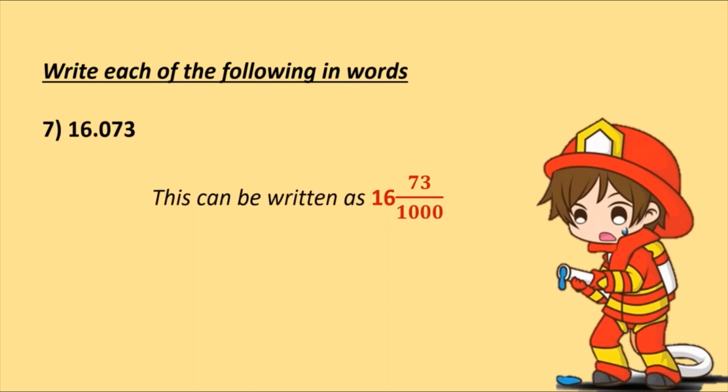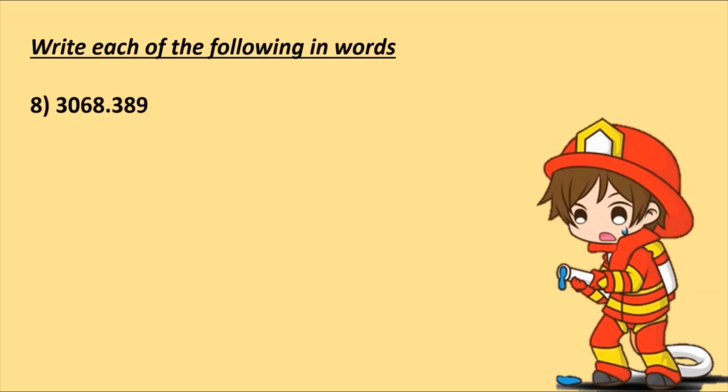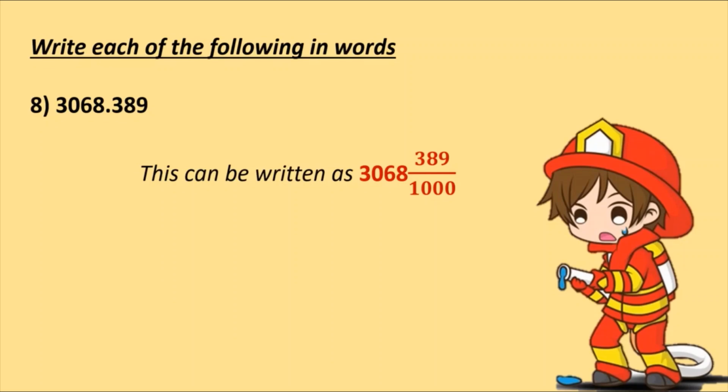Next one, 16.073, which means 16 is the whole number and 73 by 1000 is the fraction. So we write it in words as 16 and 73 thousandths or 16.073. 3068.389. So this means 3068 is the whole number and 389 by 1000 is the fraction.